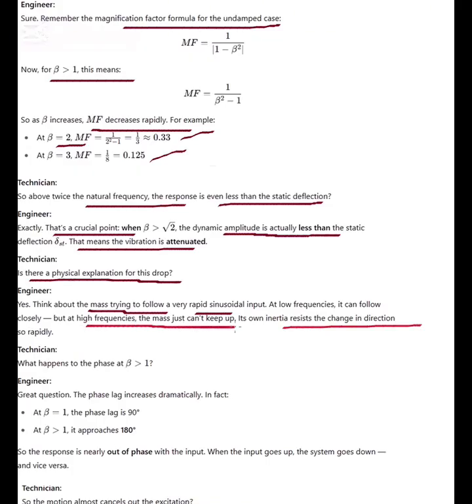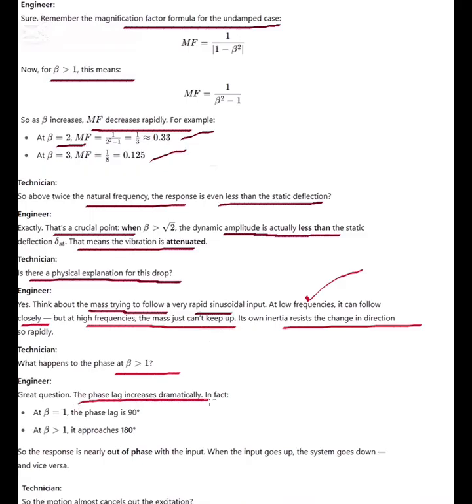At lower frequencies, it can follow the force closely. The system can follow the force very closely if it is a lower frequency. If the frequency is very high, the system cannot follow the force, because the system's own mass is going to resist. That's why when the beta ratio is greater than 1, the amplitude decreases.